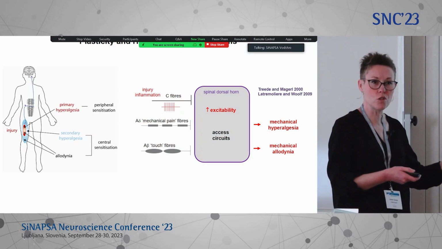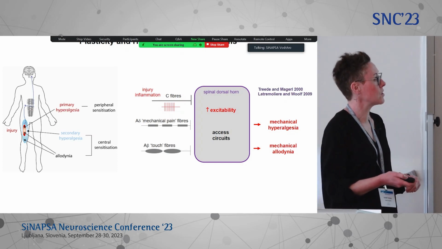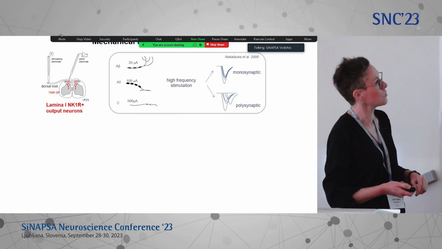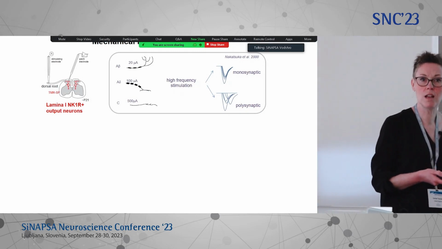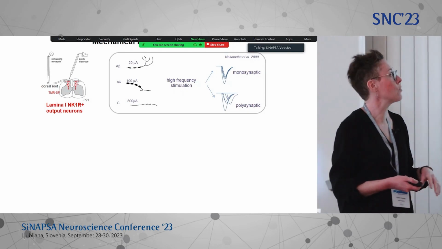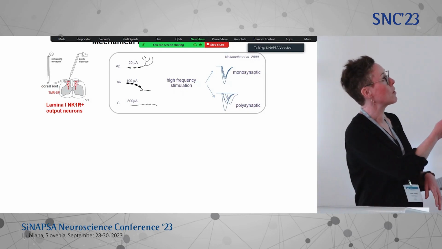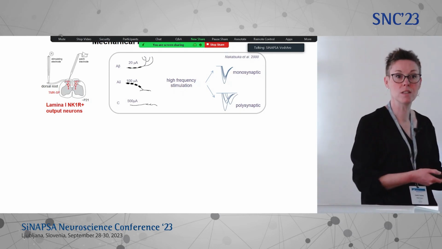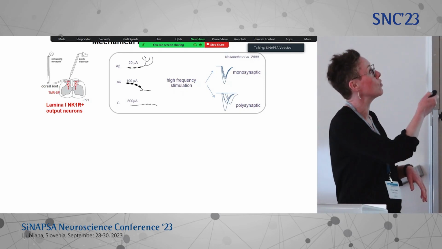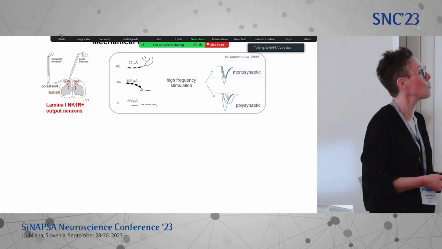So now I'm going to show you some electrophysiology studies where I've explored the circuits involved. So using patch clamp electrophysiology in spinal cord slices, I've recorded from a group of output neurons. And in this preparation, the sensory nerve is left attached so that you can electrically stimulate the incoming sensory input.